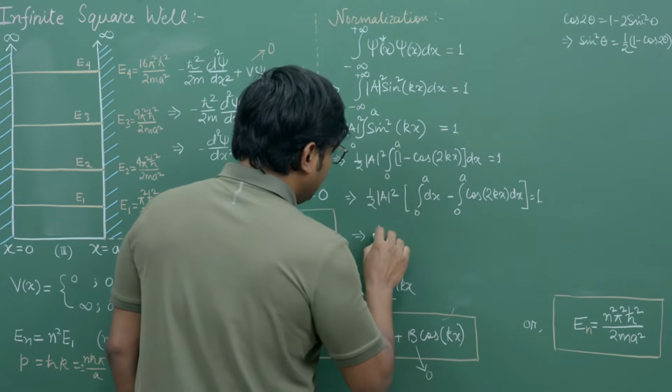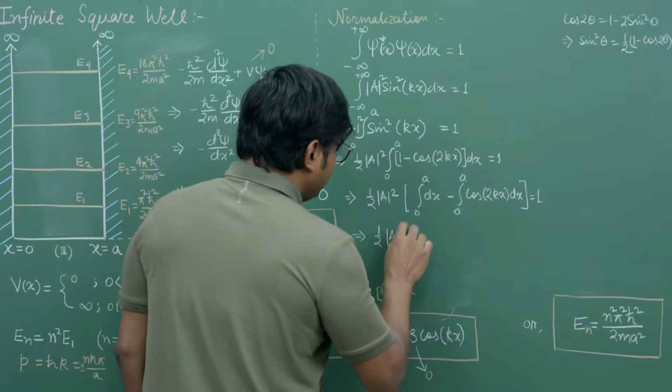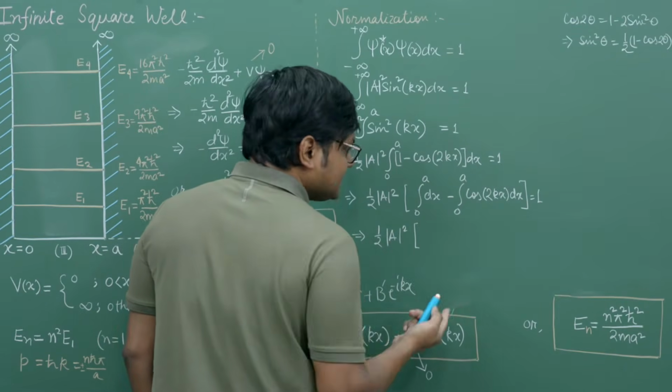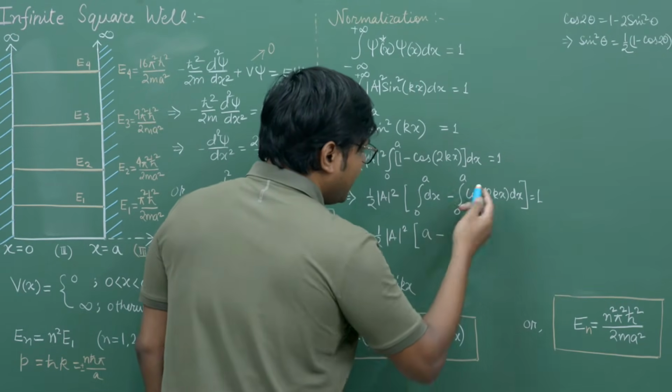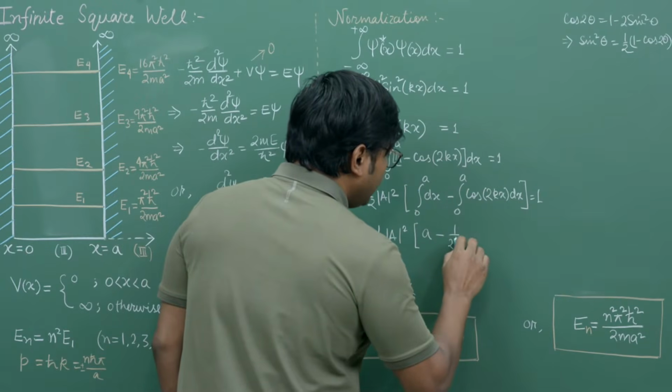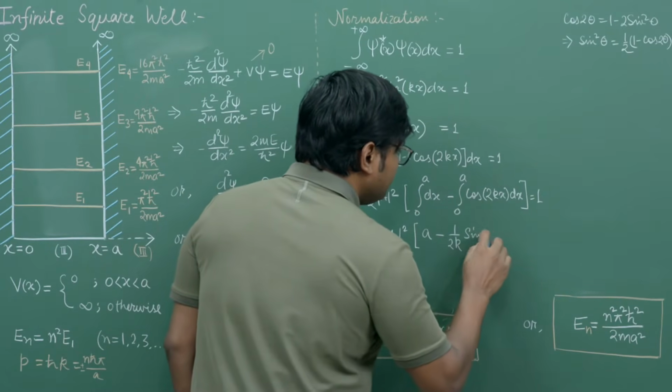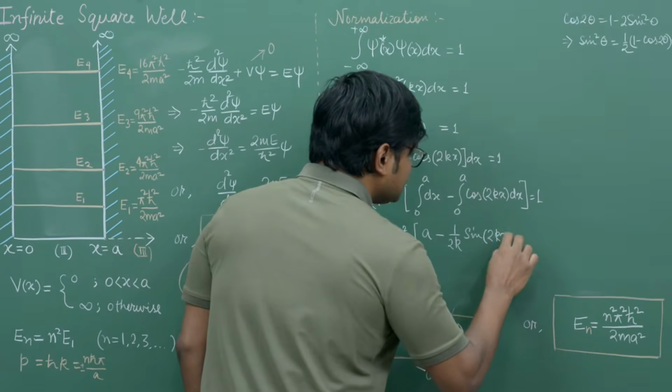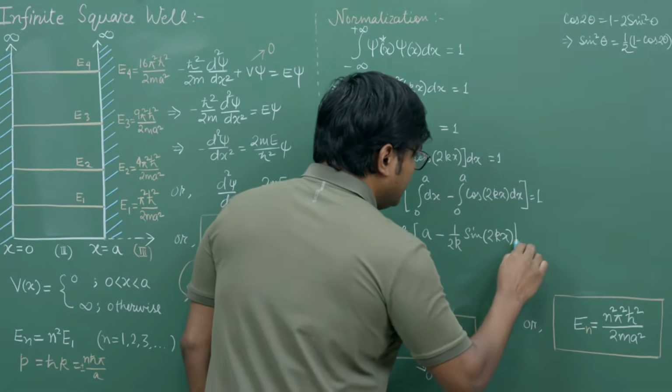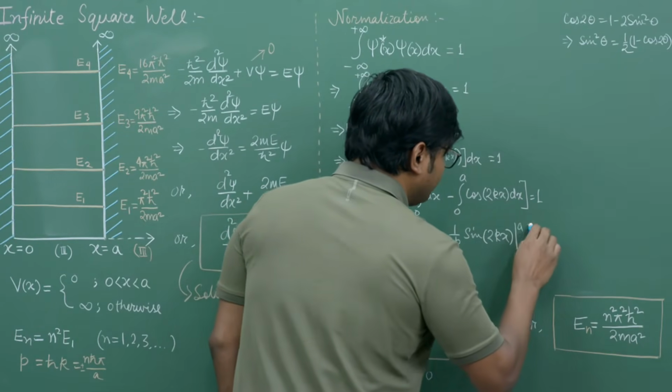This becomes half mod A square. This is x, which comes out to be a, minus 1 upon 2k sine 2kx in the limits of 0 and a, equals 1.